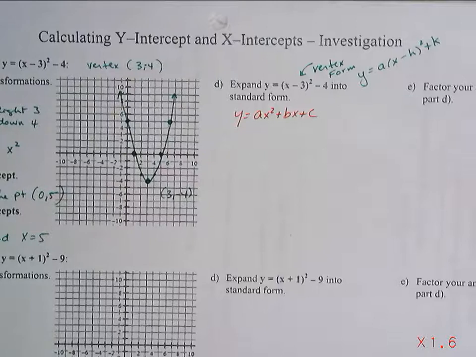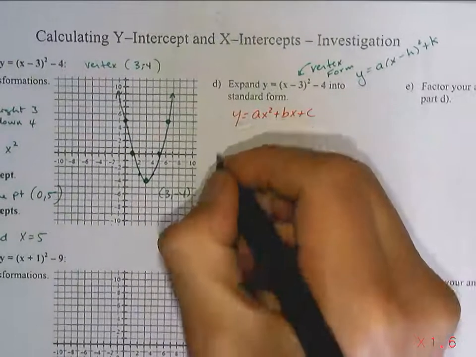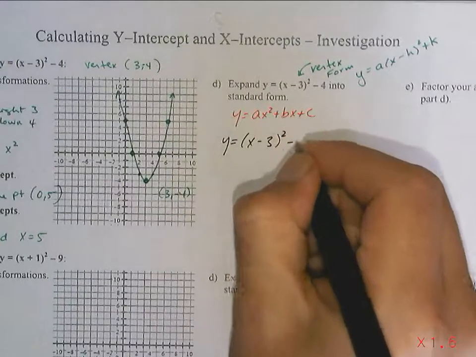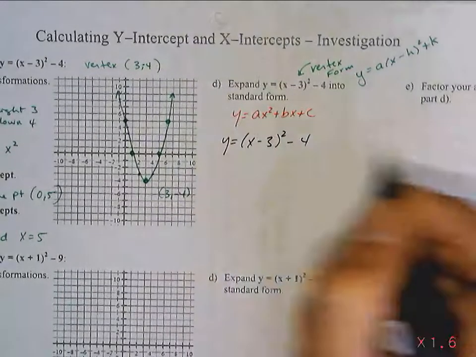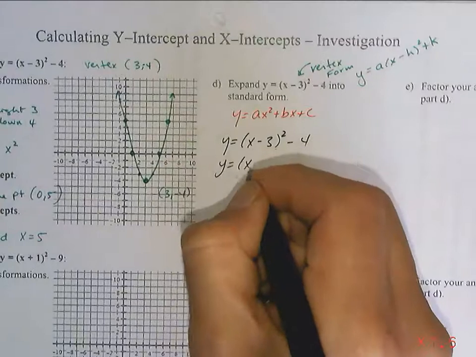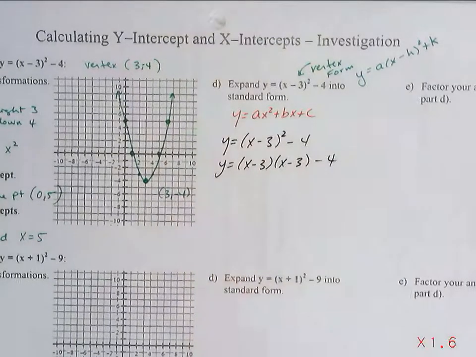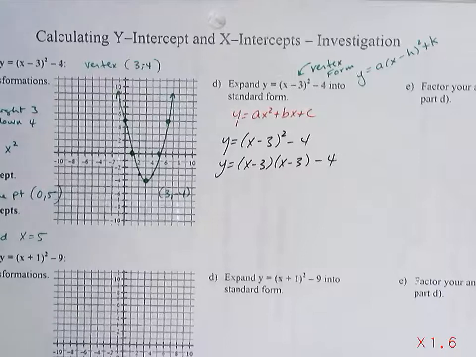So what we're going to do is I'm going to grab a pen, and I'm going to write this out. So it's y equals (x minus 3) squared minus 4. I know that that's (x minus 3)(x minus 3) minus 4, because that's what that means. That square means that the base gets multiplied so that there's 2 of them.